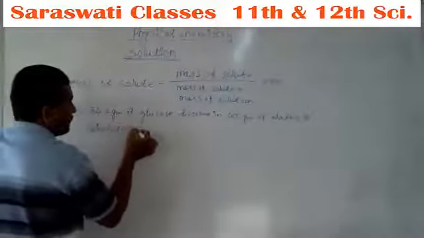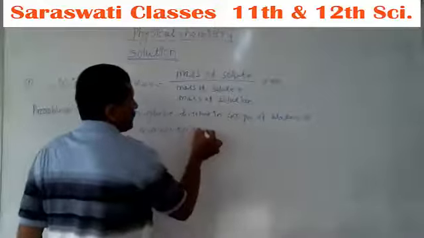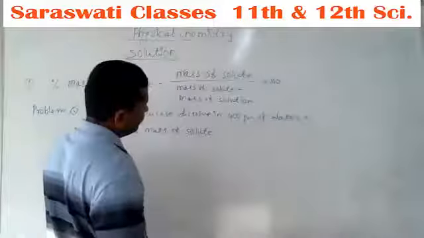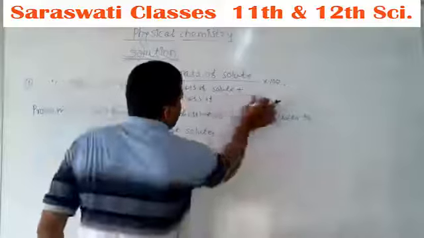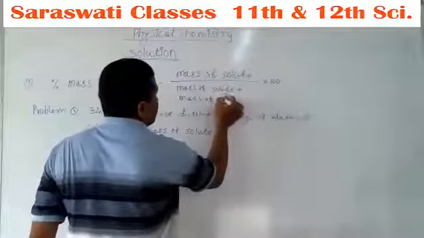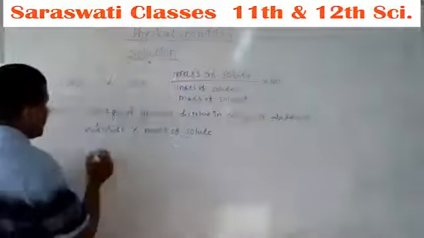सर फॉर्म्युला मध्ये मास ऑफ सोल्यूट प्लस मास ऑफ सॉल्वेंट असेल, राइट. ठीक है.